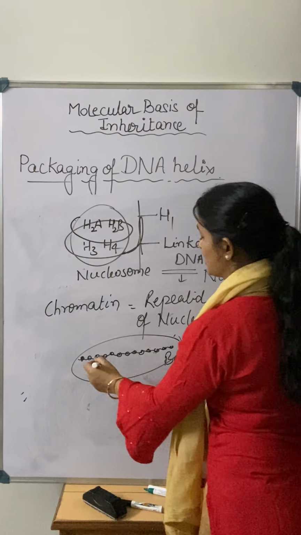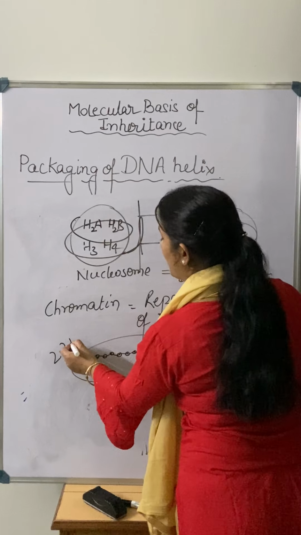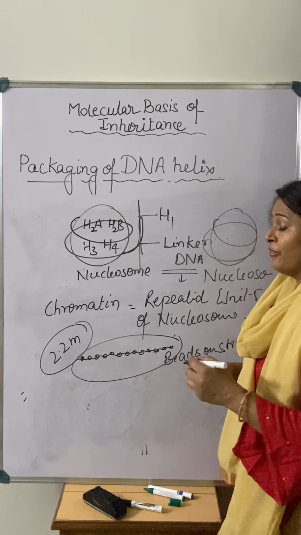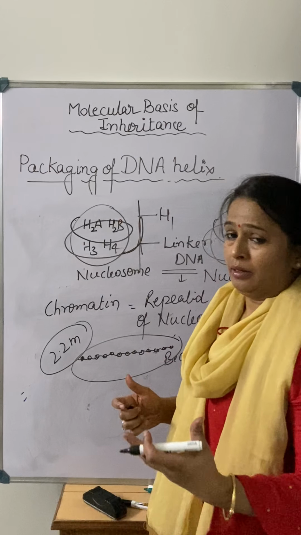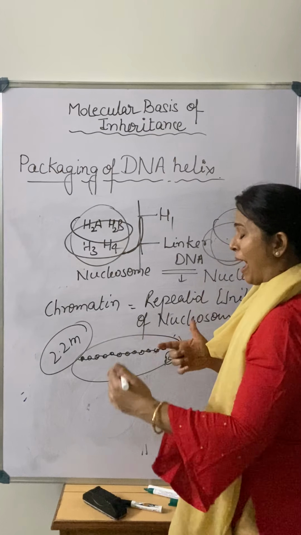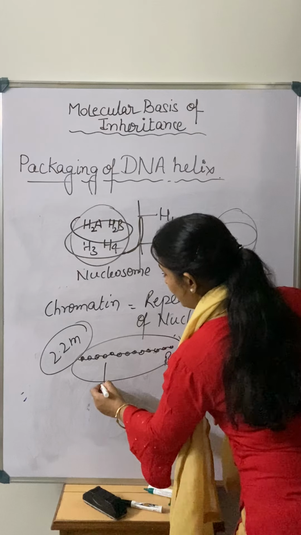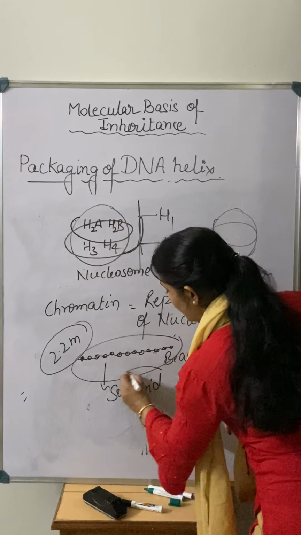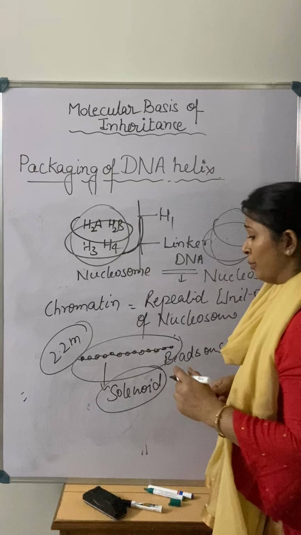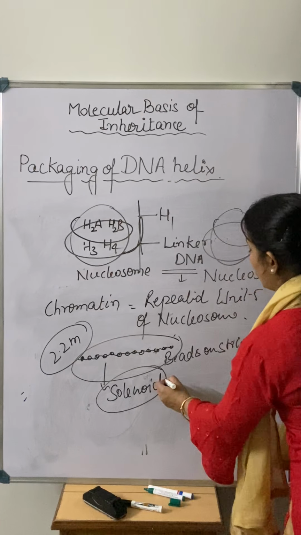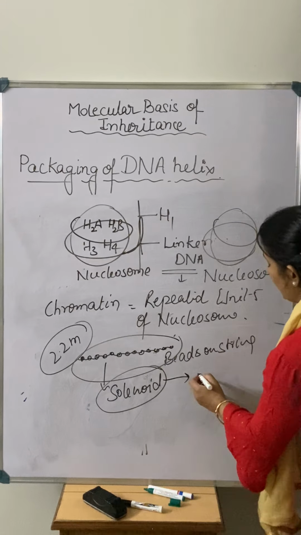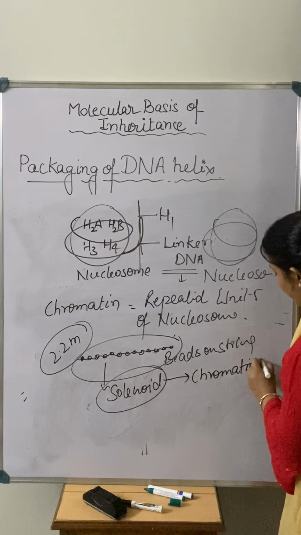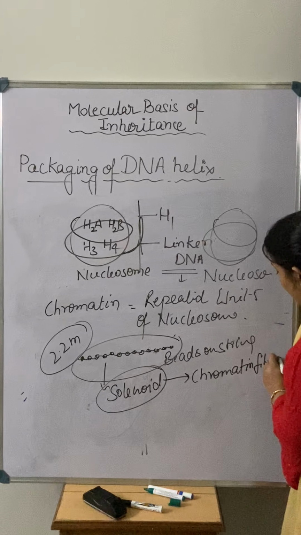And by this there is a packaging of such a 2.2 meter long DNA in the cell. So when the DNA is coiled, right, it makes a packaged structure, and that we call a solenoid. Please remember it, solenoid. Again further it is going to be supercoiled, and they make a structure we call chromatin fibers, right?